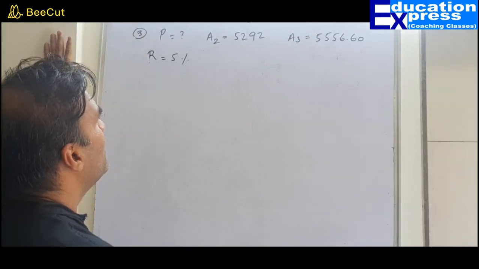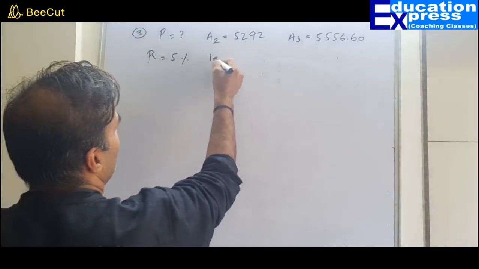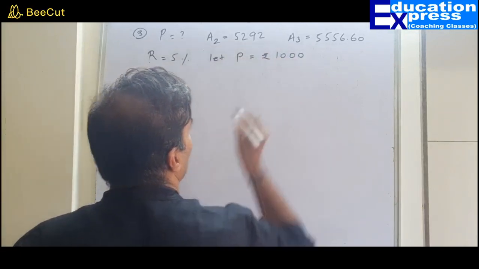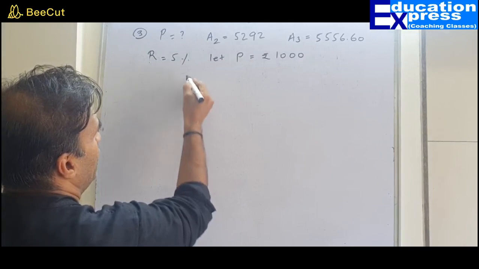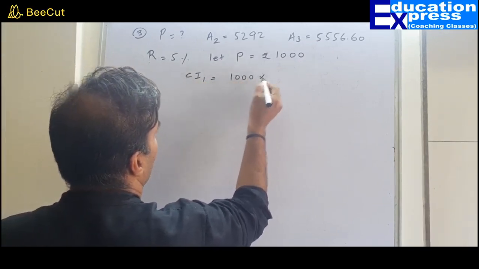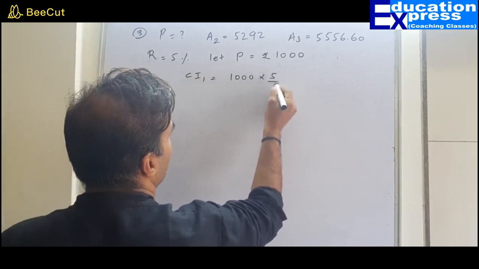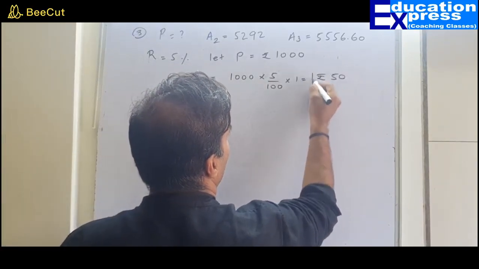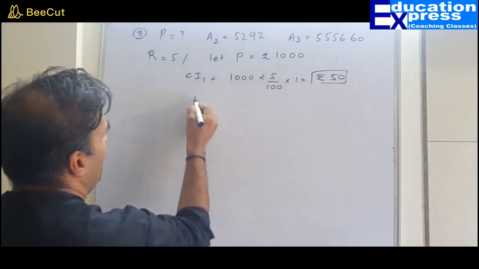What to do? So what we will do is let principal be rupees 1000. Can you find out CI1? Yes, sir. 1000 multiplied by rate 5% into 1, that is rupees 50. So what will be P2?